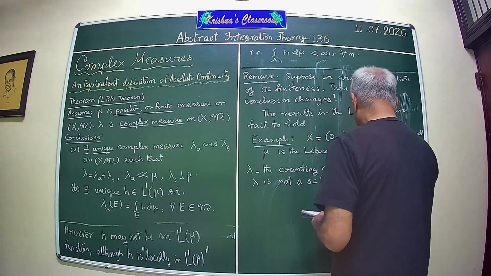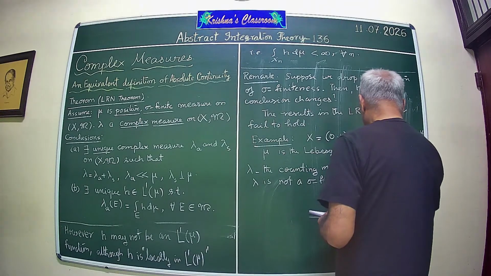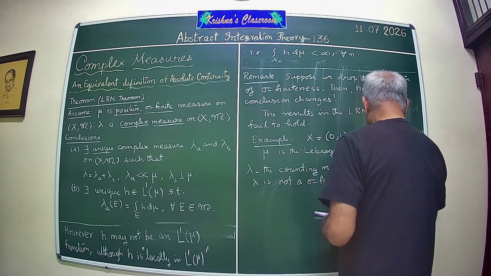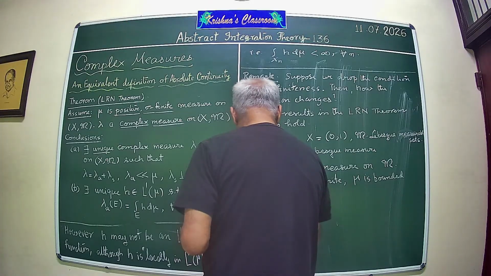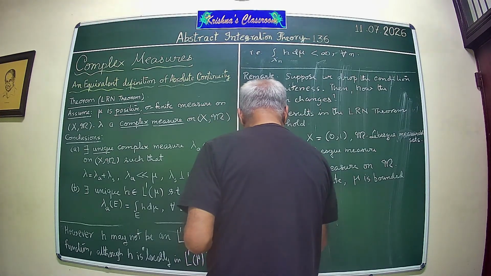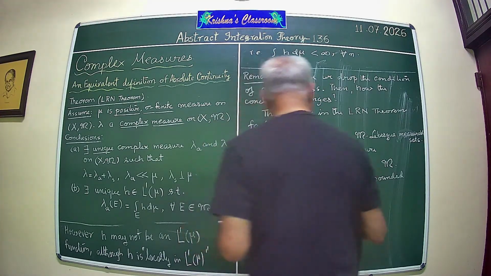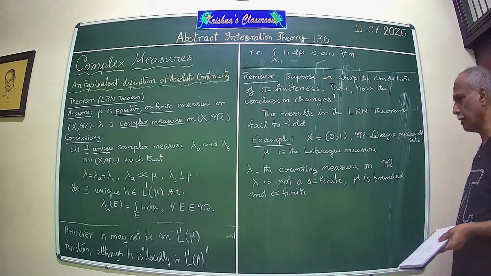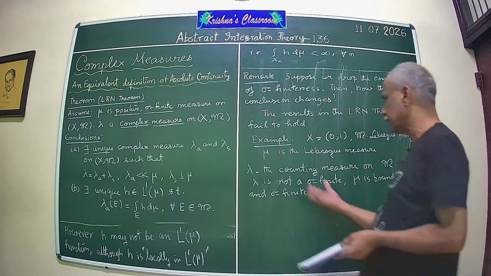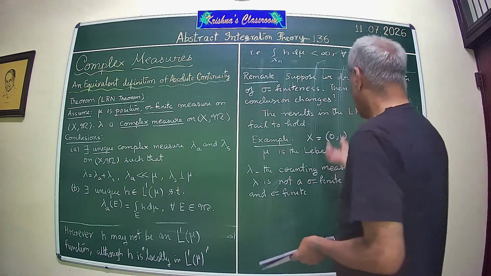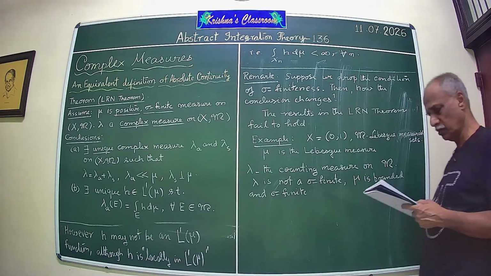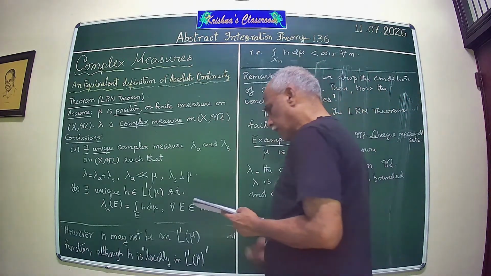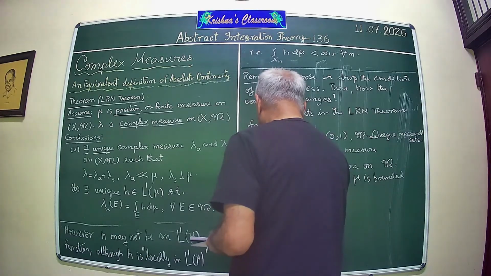Mu is bounded and sigma finite. Here the finiteness of mu comes from the fact that the interval is of finite length.